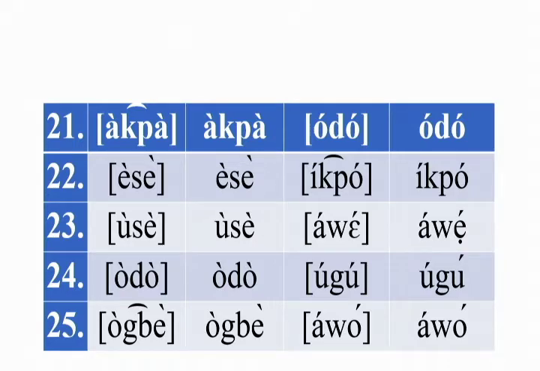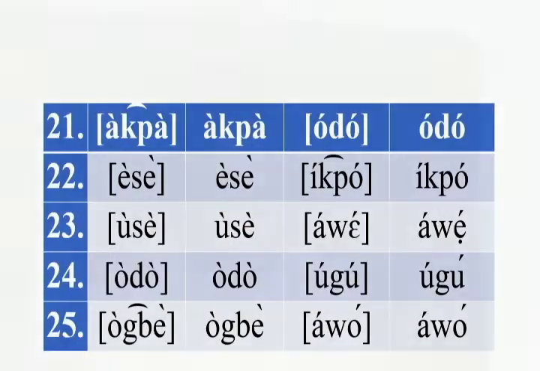So you can see all those words rhyme tone-wise. Just as you have the high, odo, ikpo, awe, ugu, awo, they all rhyme the same way too.